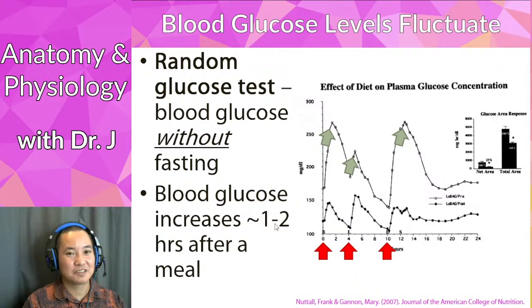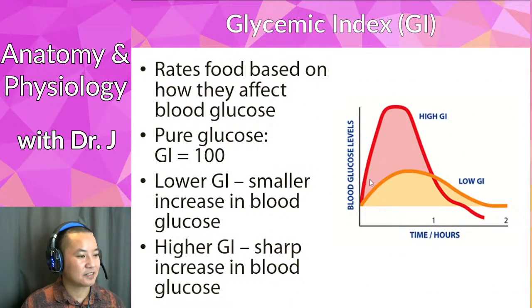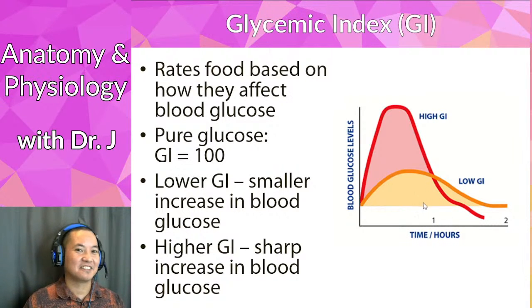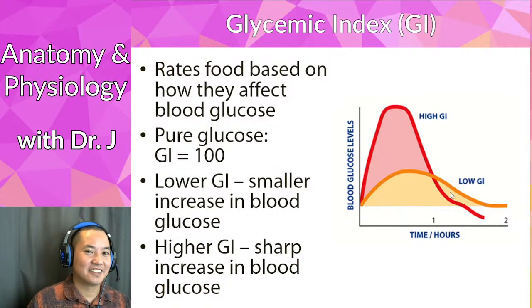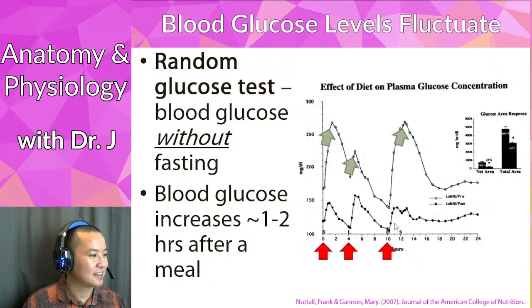And how do they do that? They measure what we call the area under the curve, which is the shaded part. How do you measure the area under the curve? Well, if you're taking a calculus class, that might sound familiar. What are you doing when you take an integral? You're measuring the area under the curve. So you're like, oh, when do I use calculus? Well, glycemic index is an example of that.